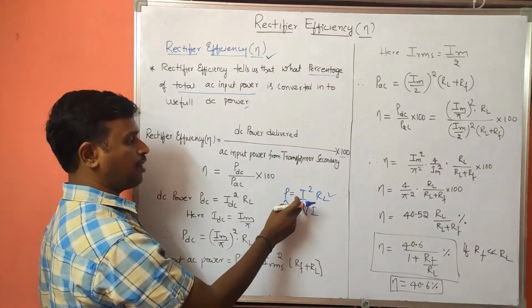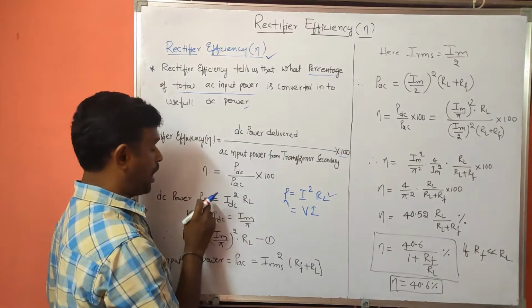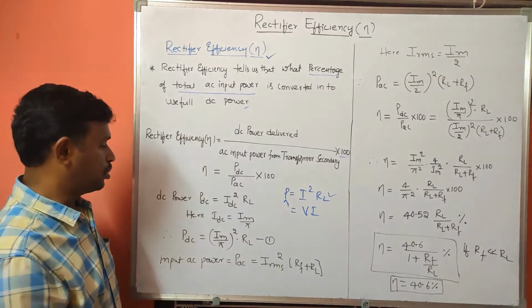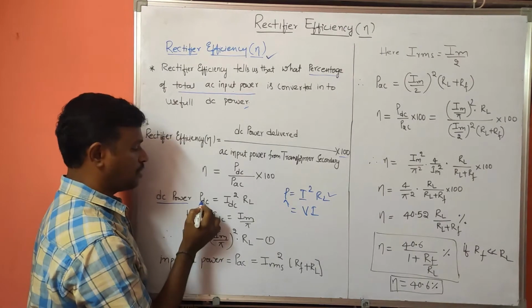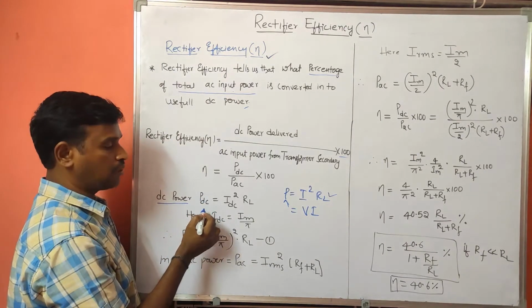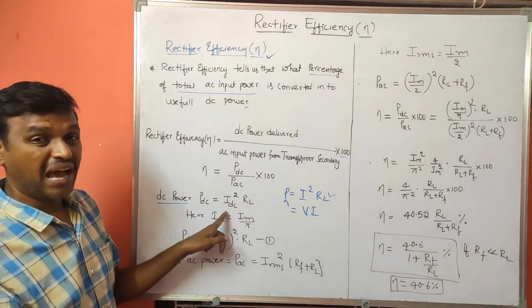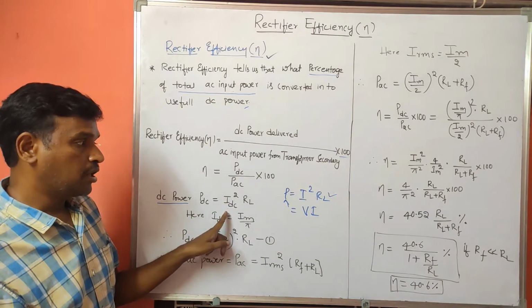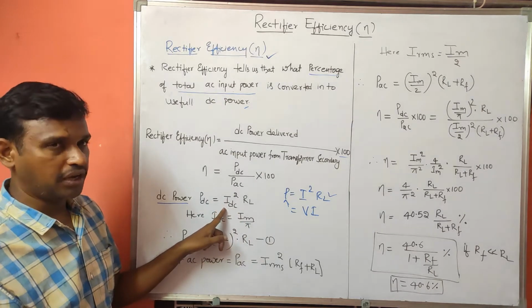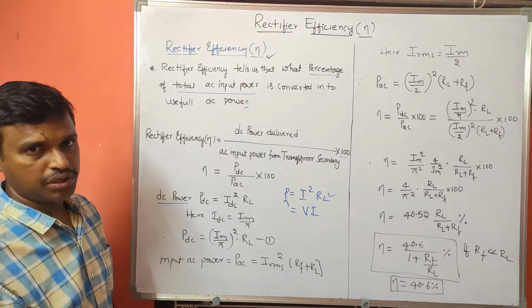The same formula I am going to use here. I want the DC power, therefore PDC is equal to IDC square into RL, where IDC is the DC current and RL is the load resistance.